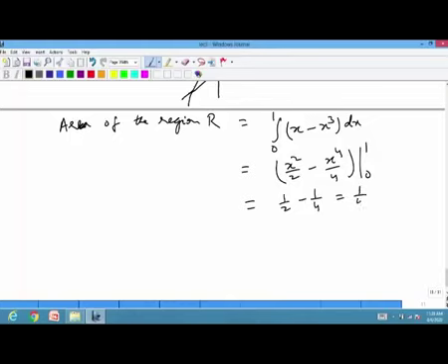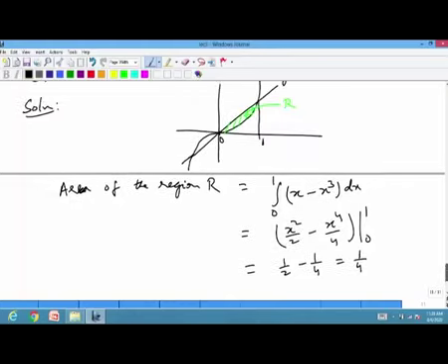So, this is equal to 1 by 4. So, that is the total area of this region R.